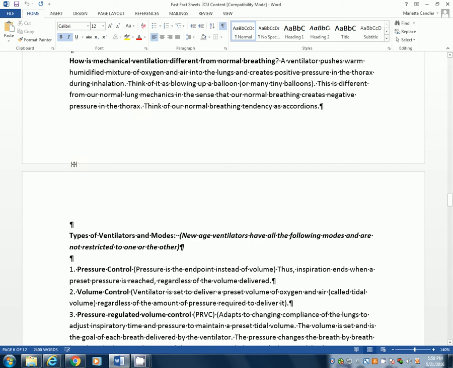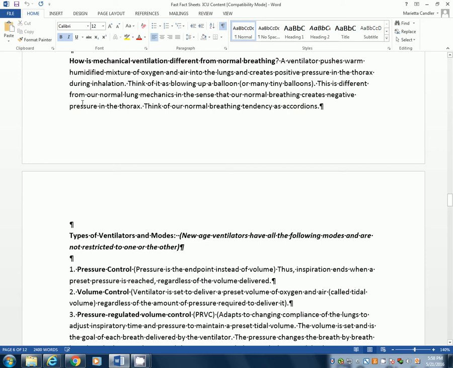Now, how does mechanical ventilation differ from normal breathing? A ventilator pushes a warm, humidified mixture of oxygen and air into your lungs. And what does that do? It creates a positive pressure in the thorax during inhalation. Think of it as blowing up a balloon or many tiny balloons.